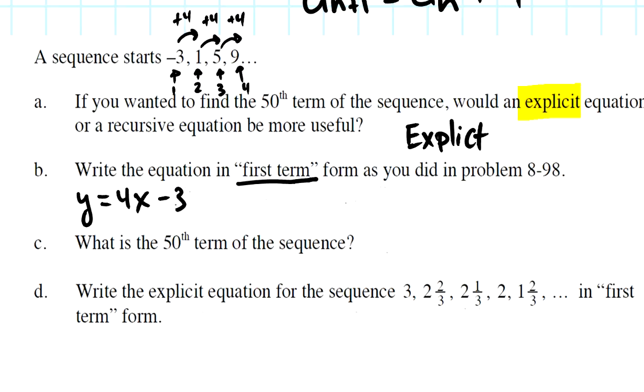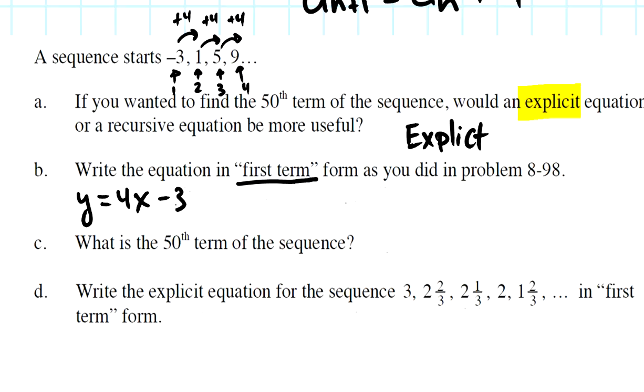So what I'm saying is when x is 0, this rule produces the number -3, right? When x is 0, it produces -3. If x is equal to 1, it produces the number 1, right? 4 minus 3 is 1. When x is 3, 12 minus 3 is 9, when x is 2, 8 minus 3 is 5.